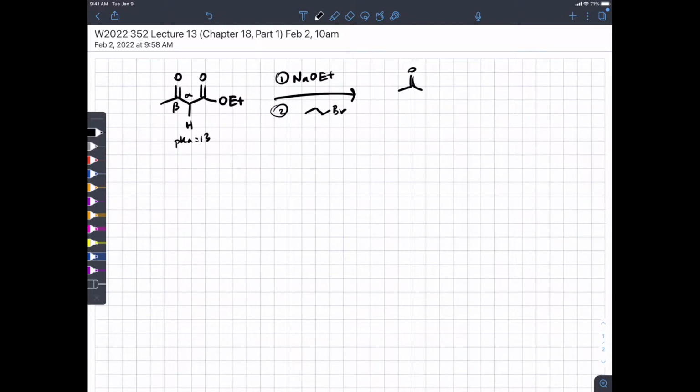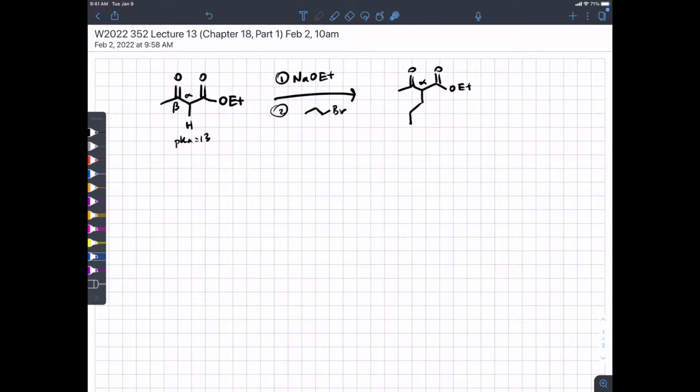That would allow us to make the new carbon-carbon bond with the alpha carbon without having to worry that any leftover ethoxide might react with our alkyl halide, because by the time we introduce the alkyl halide, all of the ethoxide has been consumed in removing this proton.